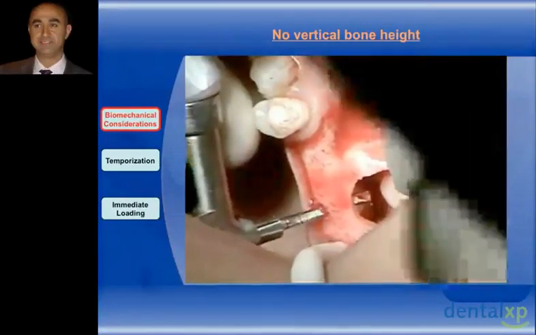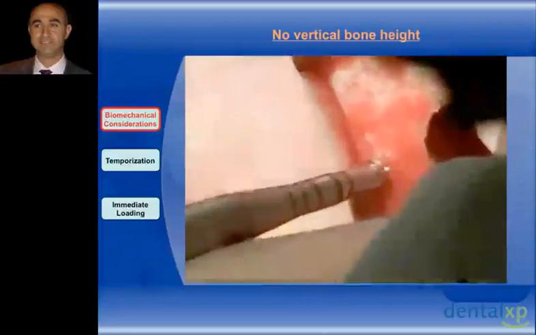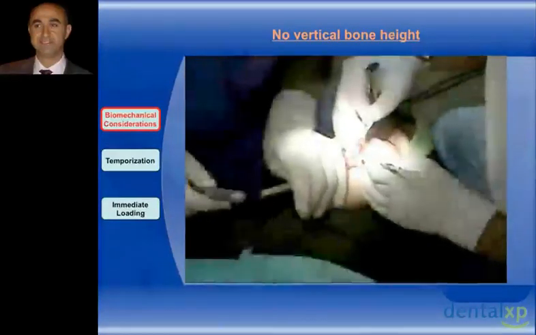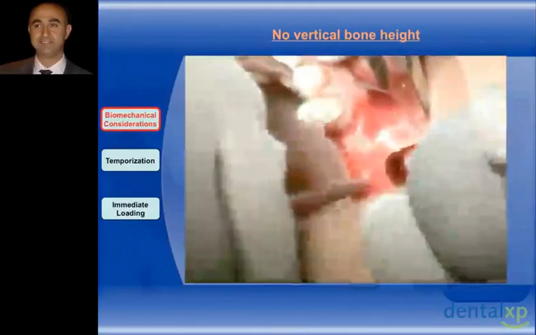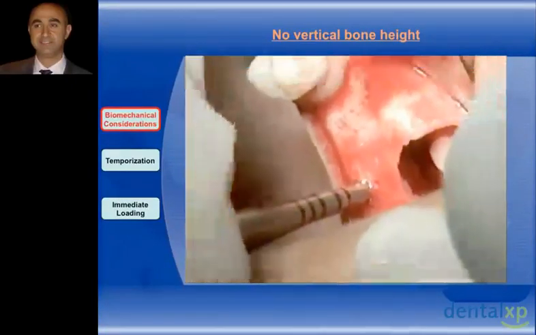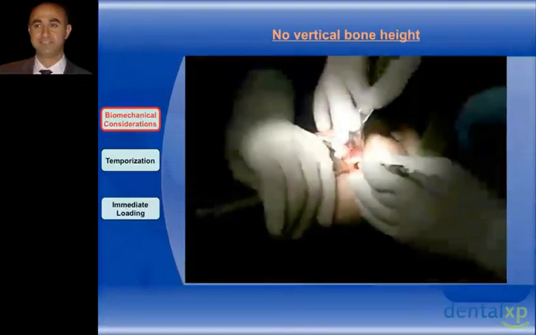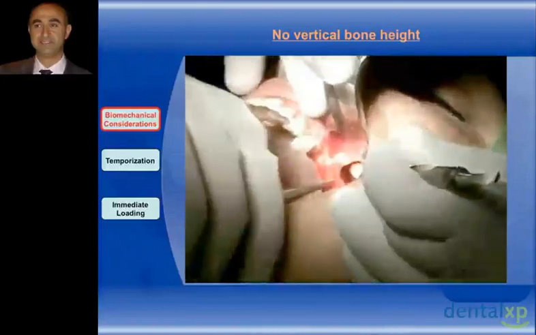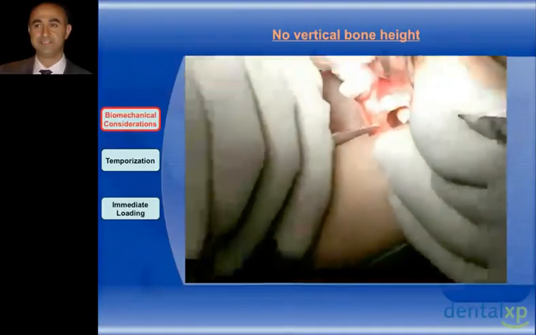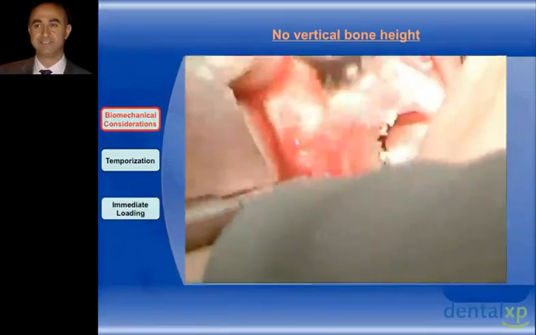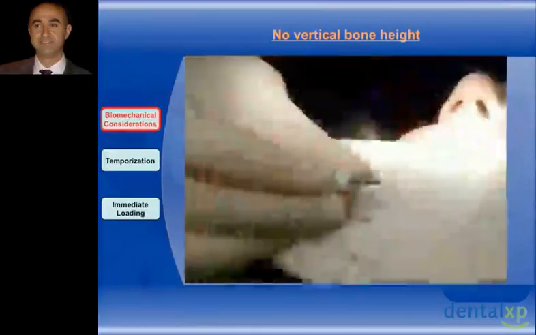In such cases I use osteotomes because I need to laterally condense the bone, as I am intending to place an implant immediately with the sinus elevation technique itself. And whenever you need to condense the bone, it's better to use the osteotomes rather than drilling out bone using the normal classical drills of your implant system.